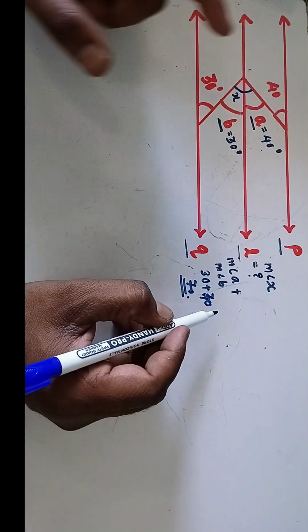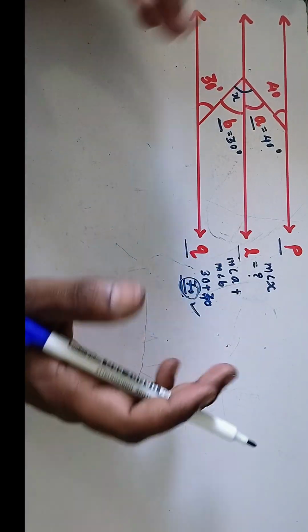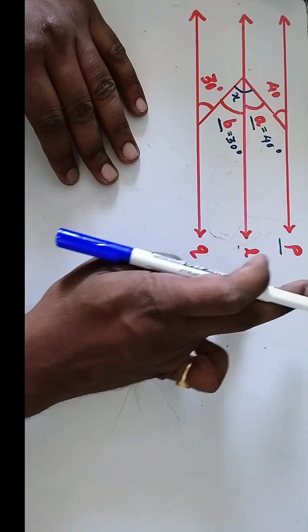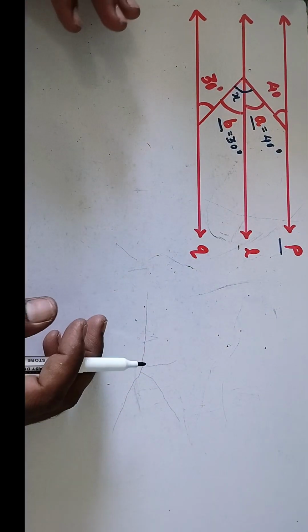So measure of angle x is equal to 70 degree. Now we got the answer, but how to write this angle? We can't write this entire solution in a shortcut form. So we need to give detailed explanation about it.